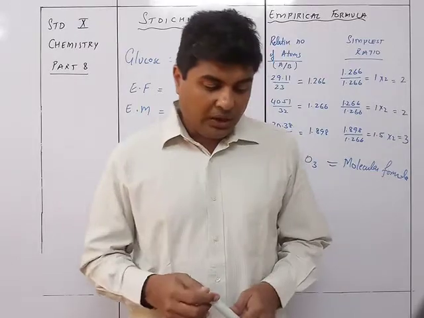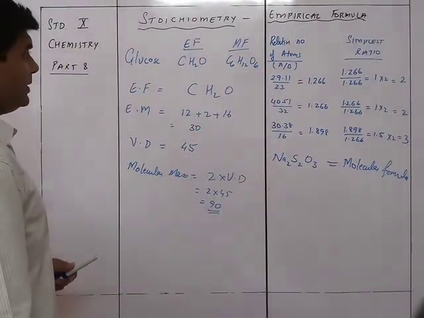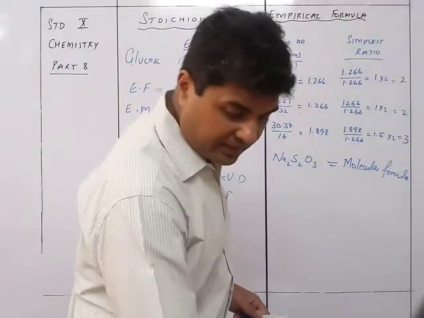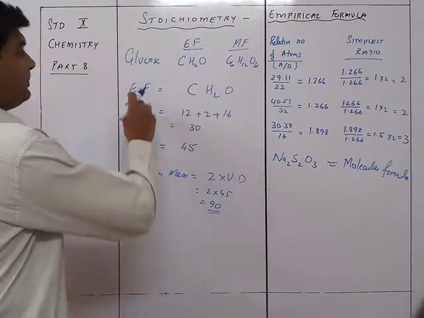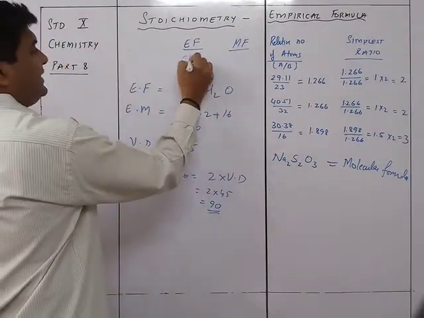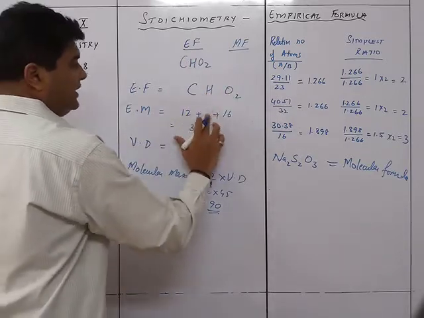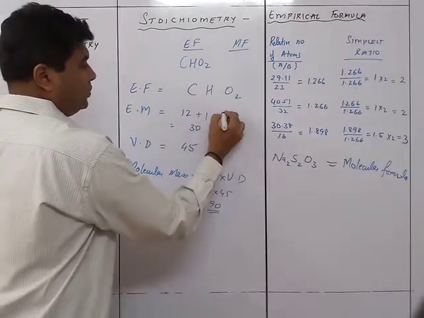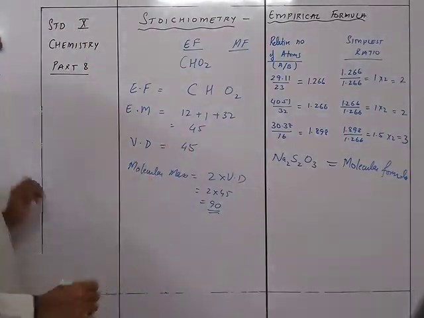Just a minute, I made a mistake. Okay, sorry, I think they had given this is the empirical formula. This is not of glucose. They have given an empirical formula as CHO2. So this is C 1 plus 32, so that will be equal to 45. So this is 45, but the vapor density is also 45.